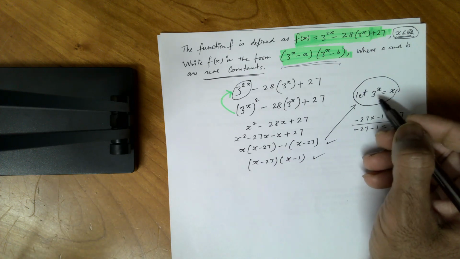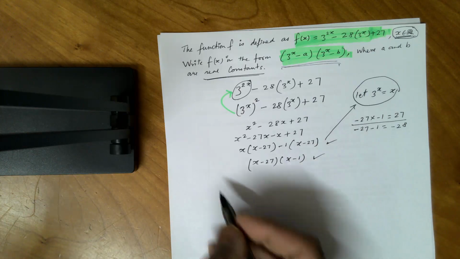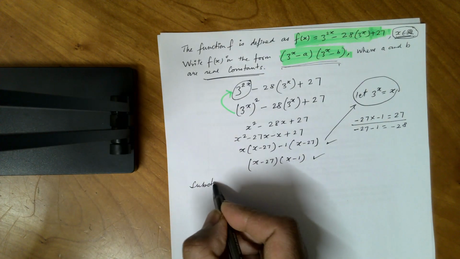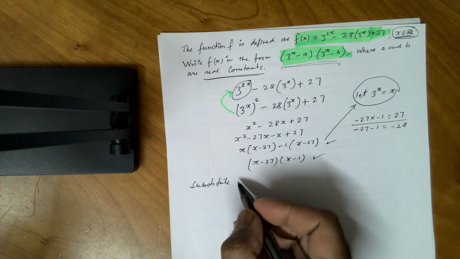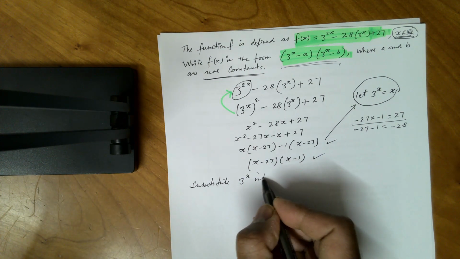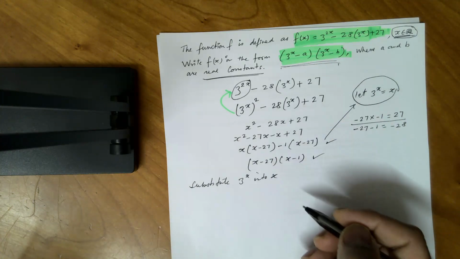So you have to put this back into this equation. Now you substitute 3^x for x. You have to put it back.